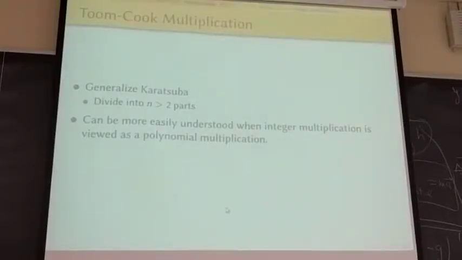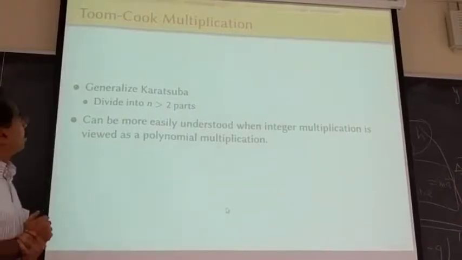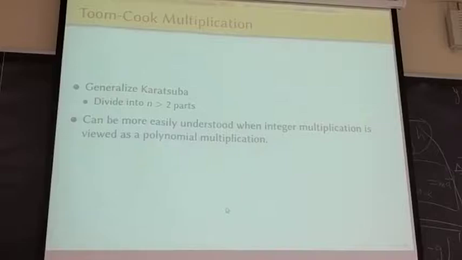So now there is a more general algorithm that goes beyond Karatsuba that's called Tomb-Cook algorithm. It was originally described by Andre Tomb, and then the description was improved by Stephen Cook, I guess, and that is why it's called Tomb-Cook multiplication.